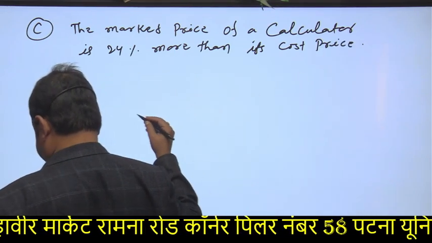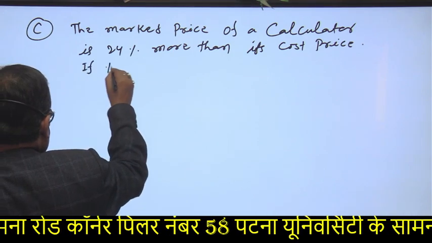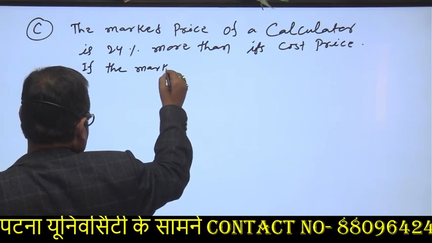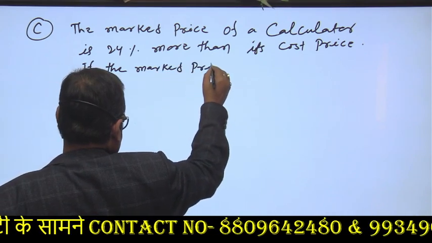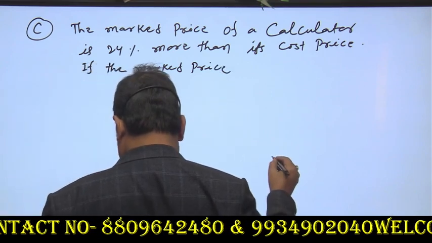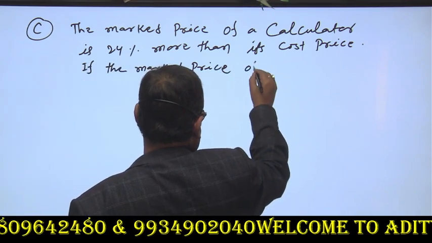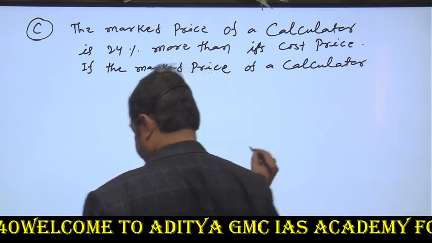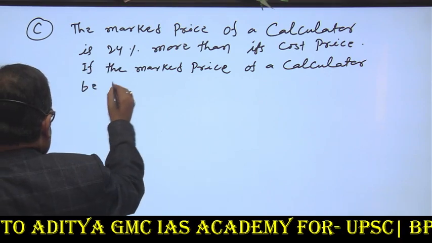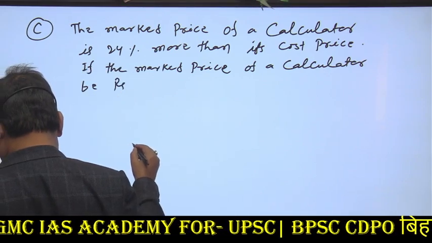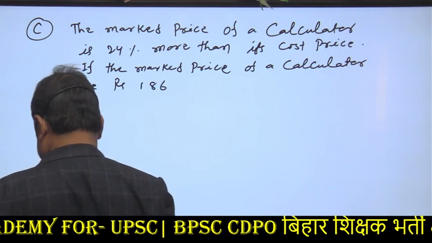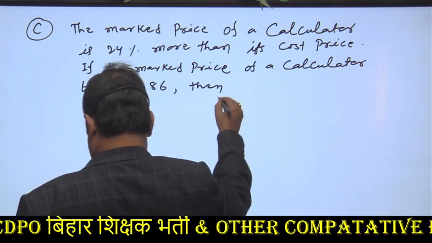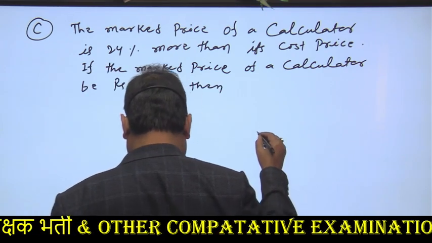If the marked price of a calculator is Rs 186, then what is the cost price?